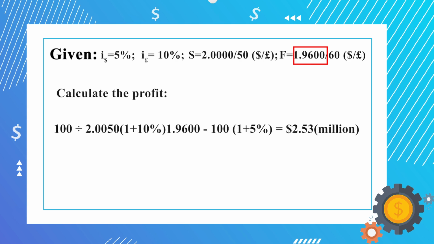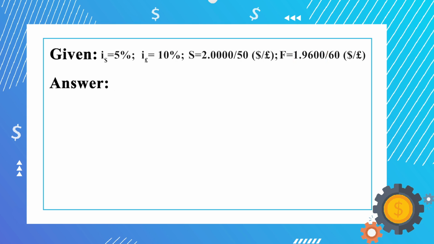Then minus the cost of borrowing dollars, $100 million multiplied by 1 plus 5%, which is 1.05. The final result is $2.53 million.